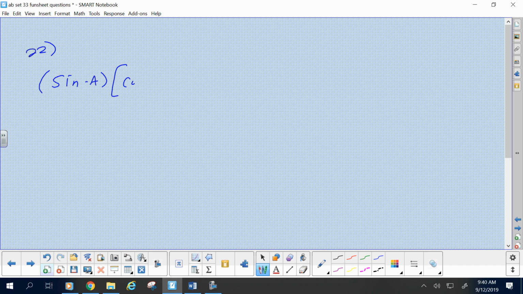Here we go, cosine of pi over 2 minus a times the cosine of a. And they told you earlier in the previous problem that the sine of a is 1/3, and a is in the first quadrant. Okay, cool. So what does this equal? And they give you that fact.